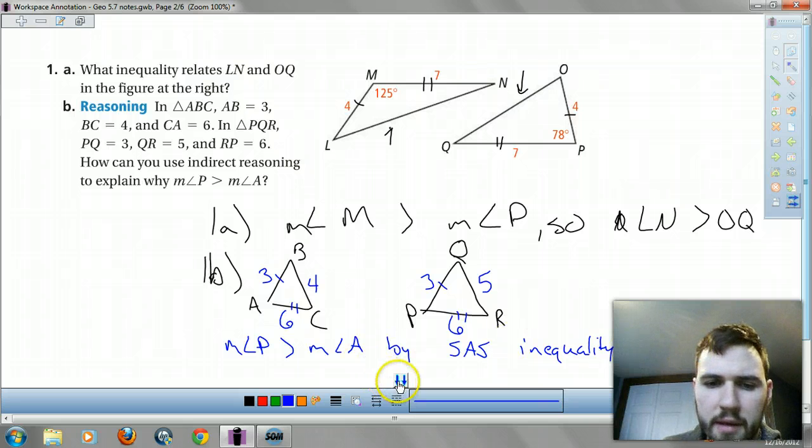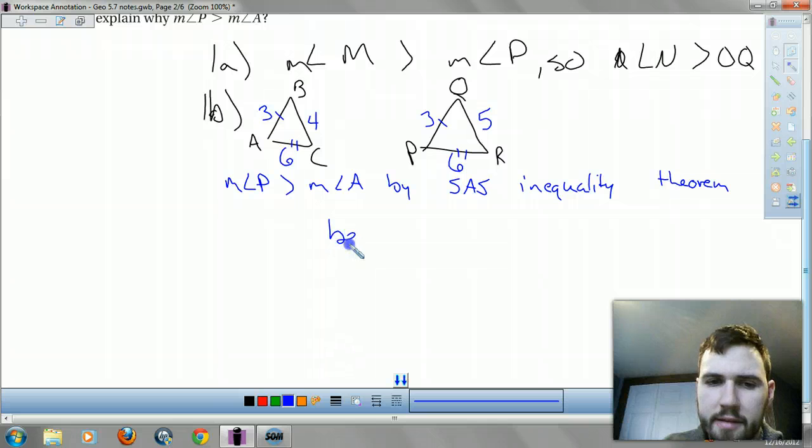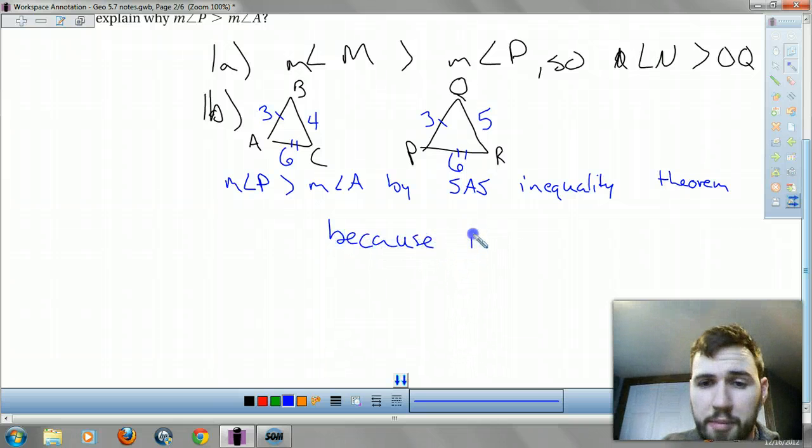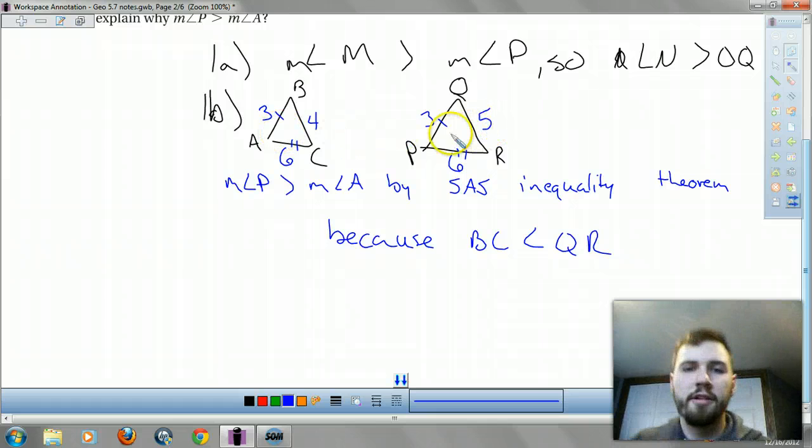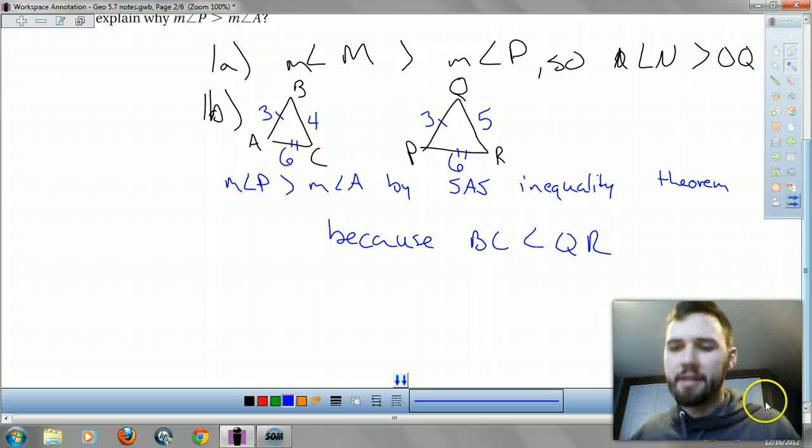Okay, because BC is less than QR. Smaller side, smaller angle. Bigger side, bigger angle. Okay. I mean, that's all there is to it.